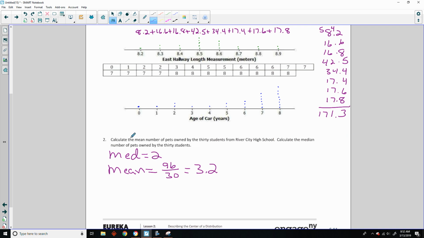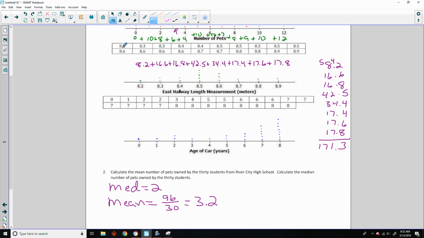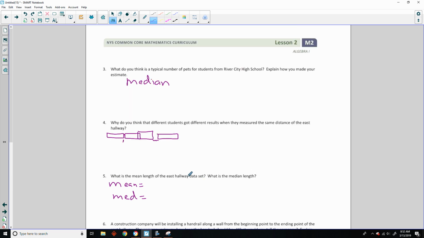171.3. Now don't forget we have to divide by how many we had, and it was 1, 2, 3, 4, 5, 6, 7, 8, 9, 10 times 2 rows is 20. So 171.3 divided by 20.